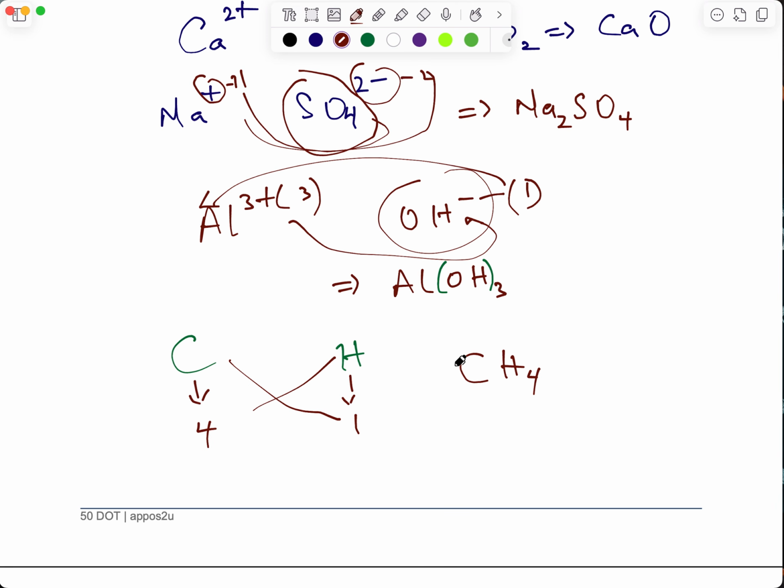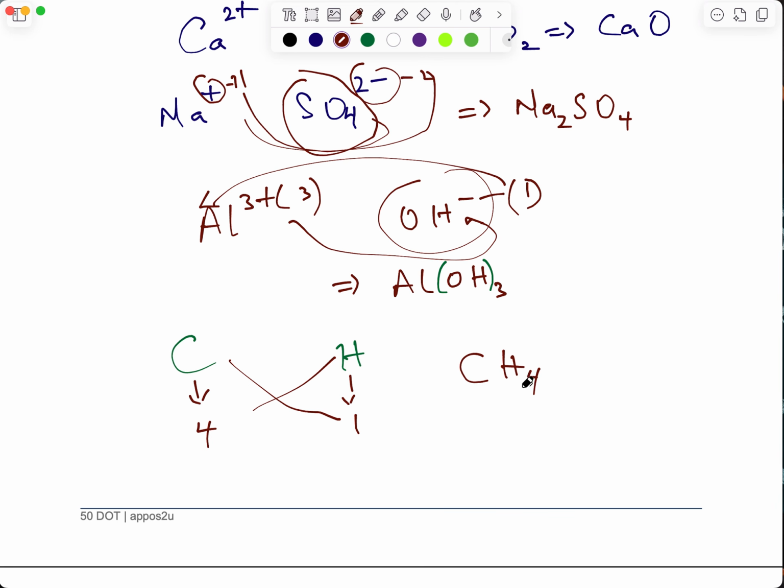So that is that. And there's something we call empirical formula. This empirical formula is basically the basic formula that a particular compound can have. It is the basic formula that a chemical compound can have. What we mean by basic is that, for instance, look at this CH4 now.